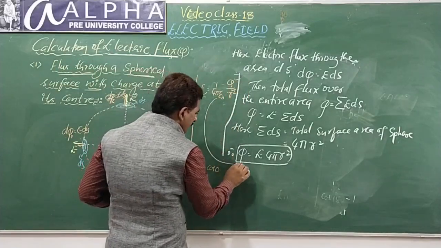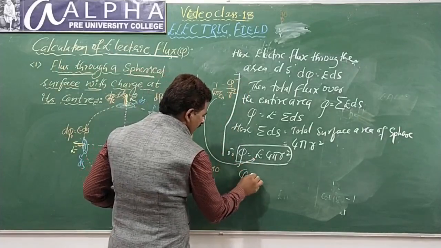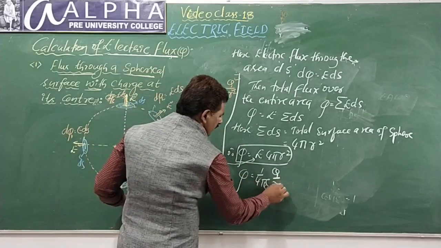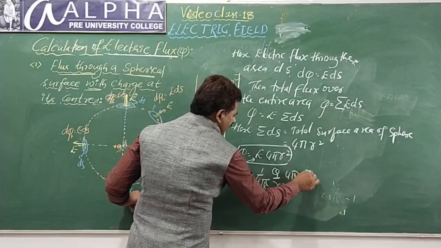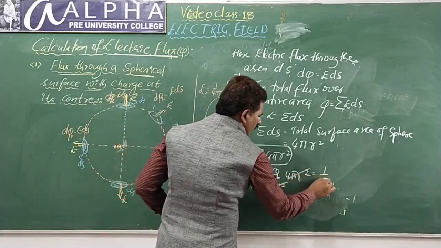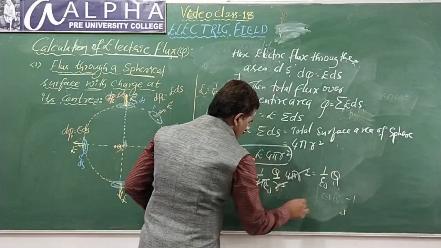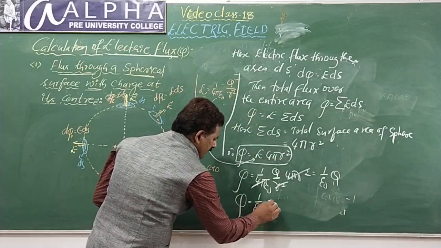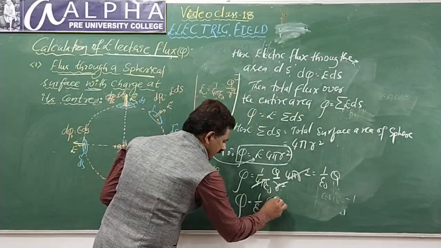Use that here. So phi equals 1 over 4 pi epsilon 0, charge q divided by r square, into 4 pi r square. The 4 pi r square cancels, you are left with 1 over epsilon 0 into the charge enclosed. Therefore, electric flux phi equals 1 by epsilon 0 times the charge enclosed.